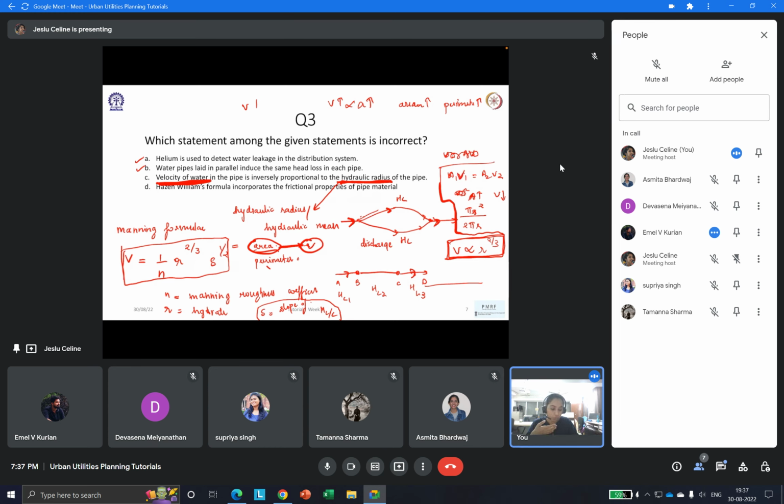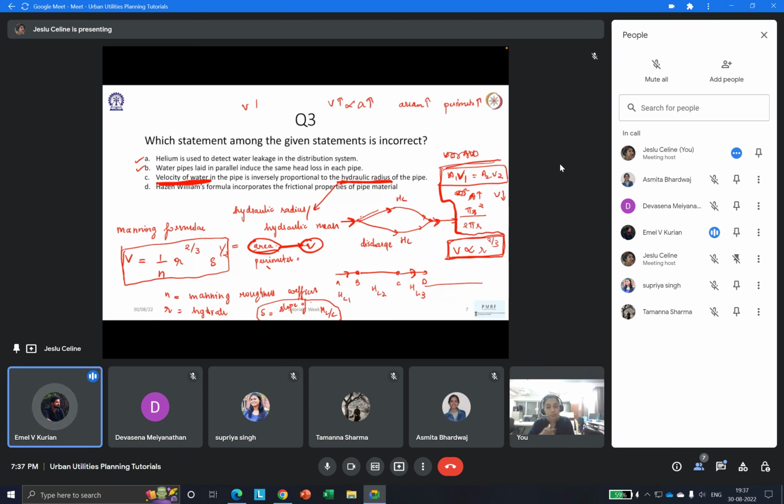Otherwise, to design the velocity of pipes itself, we could have used the continuity equation. In the lecture we have discussed that Manning's formula is also derived from Bernoulli's equation, which is eventually related to the equation of continuity, right?